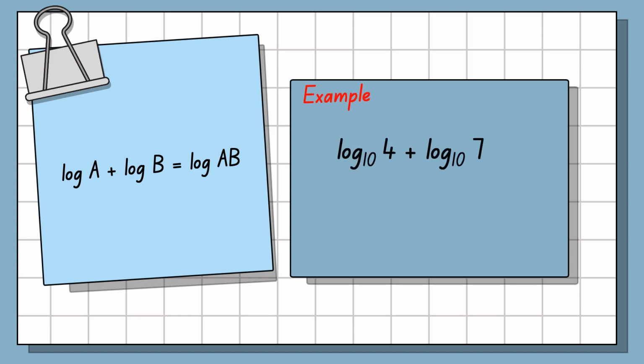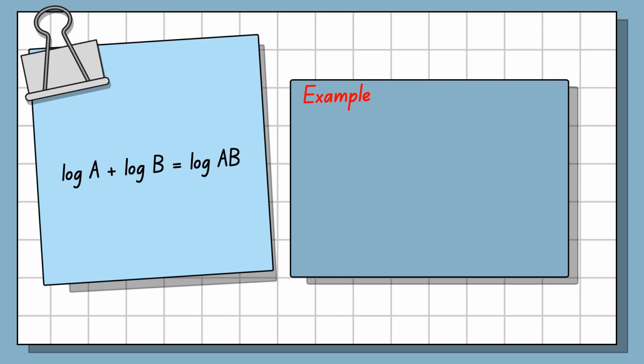Another property is the product rule. Log A plus log B is equal to log A times B. For example, log base 10 of 4 plus log base 10 of 7 is equal to log base 10 of 4 times 7, and the final answer is log base 10 of 28.